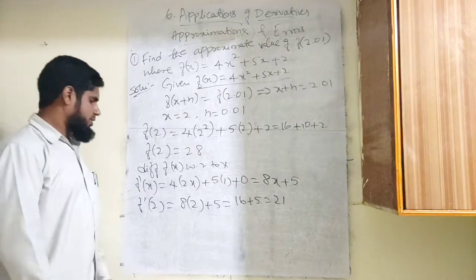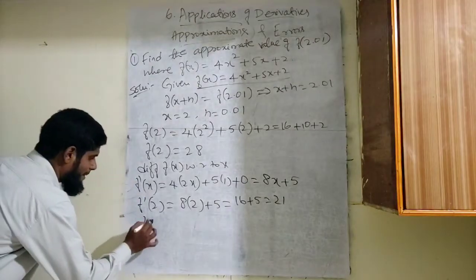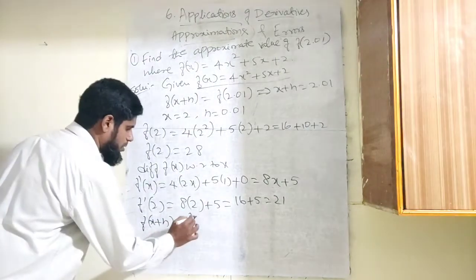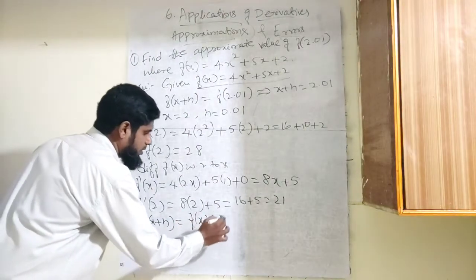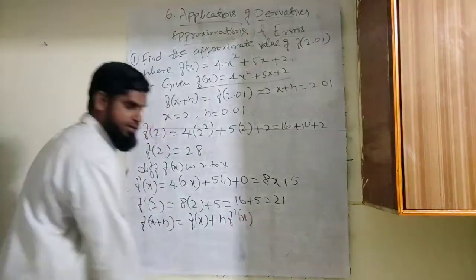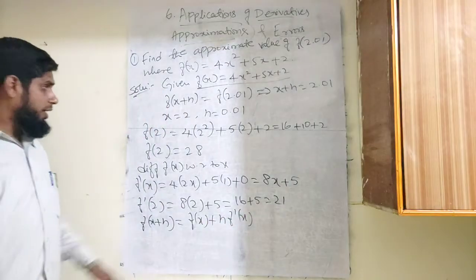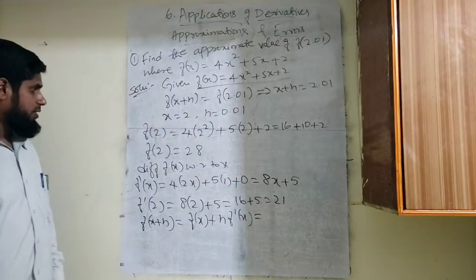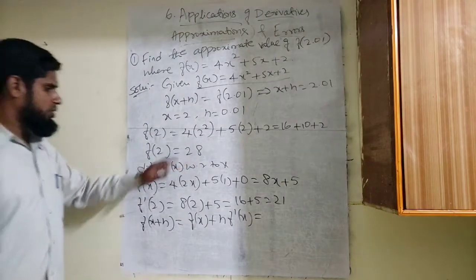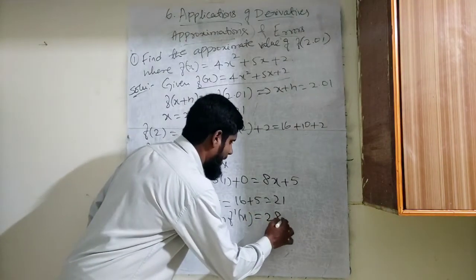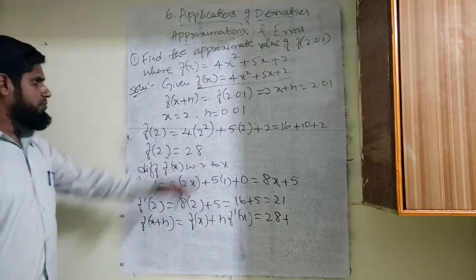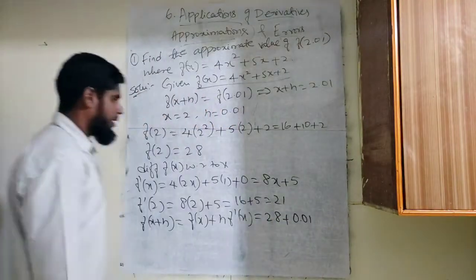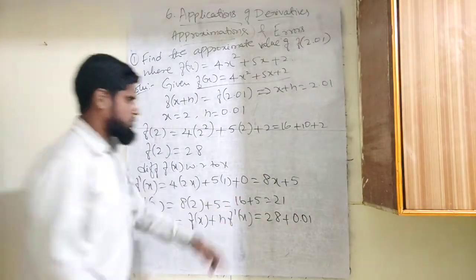Now the formula is f of x plus h is equal to f of x plus h into f dash of x. So x is equal to 2. The values are, what is f of 2? f of 2 is 28, plus h, my h is 0.01, and f dash of 2 is 21.